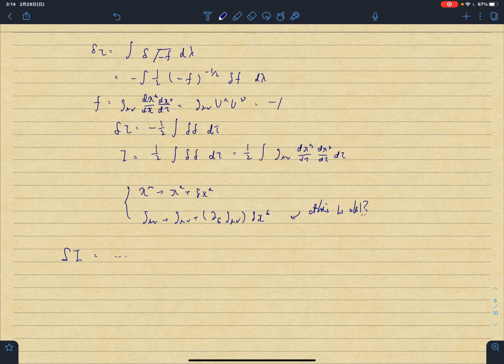Since we search for stationary points, we want delta I to vanish for any variation. This implies the equation, and we can see that this is a process that gives this equation, d squared x d tau squared.